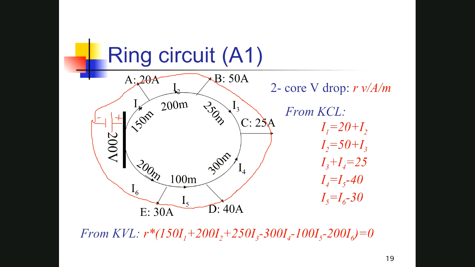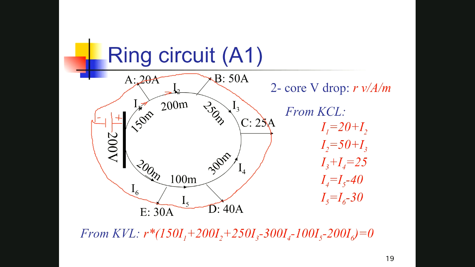Okay. We suppose that from the source to load A, on the first part of the cable, we have a current I1 in a direction like this. On the second part of the cable, from load A to B, we have a current I2 in this direction.